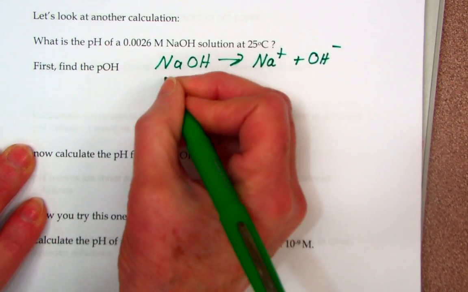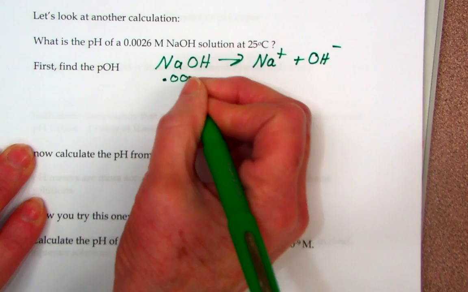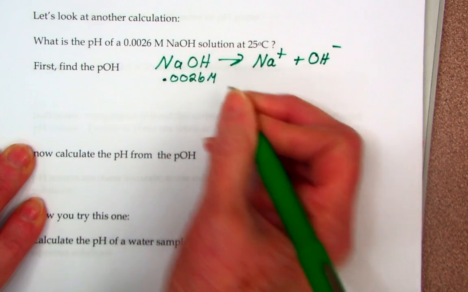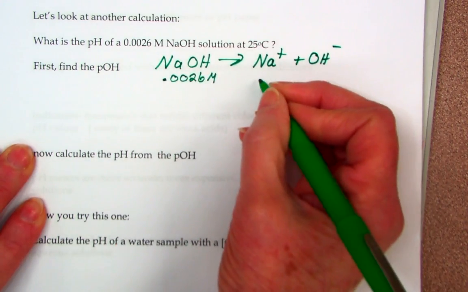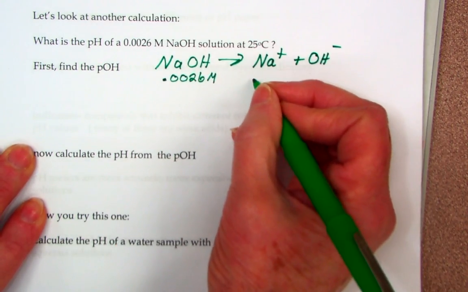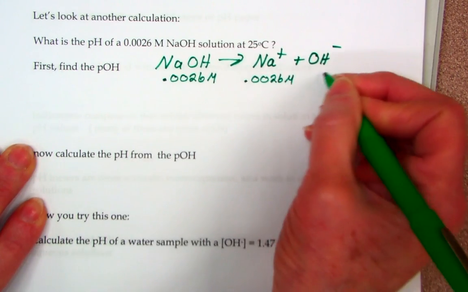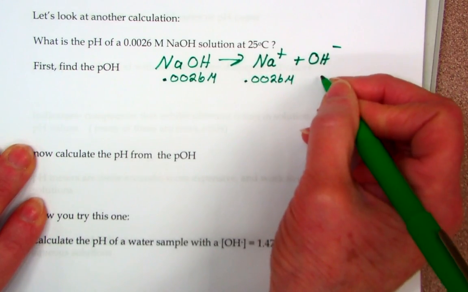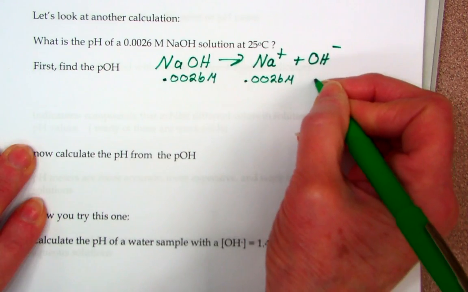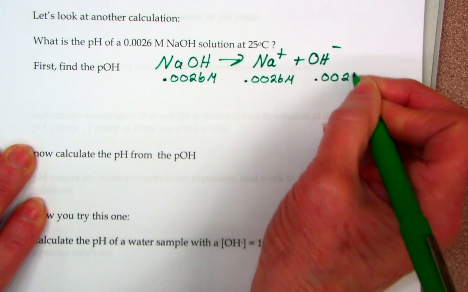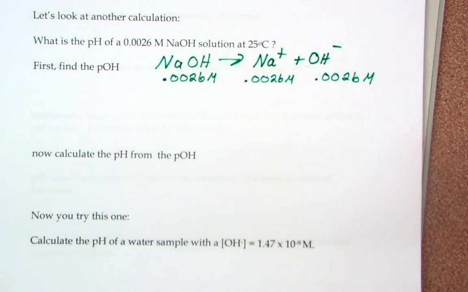Now, if the sodium hydroxide is 0.0026 molar, what's the concentration of a sodium ion? 0.0026 molar. And what's the concentration of the hydroxide ion? The same.